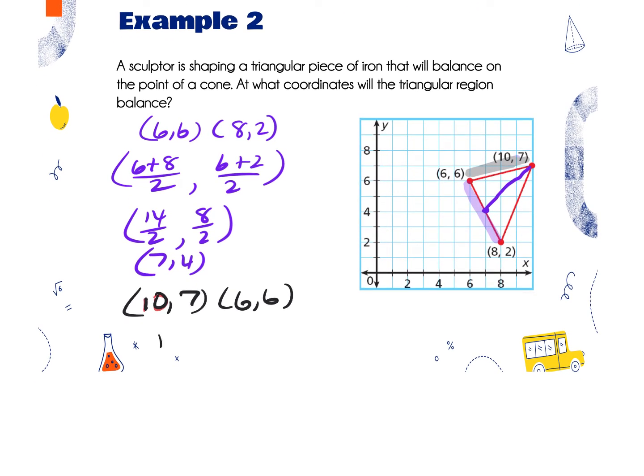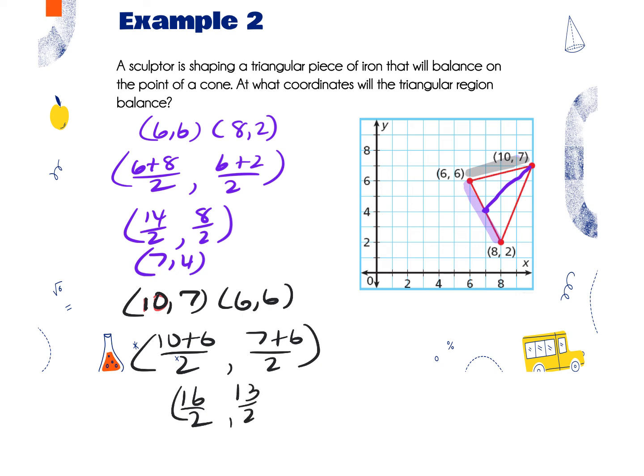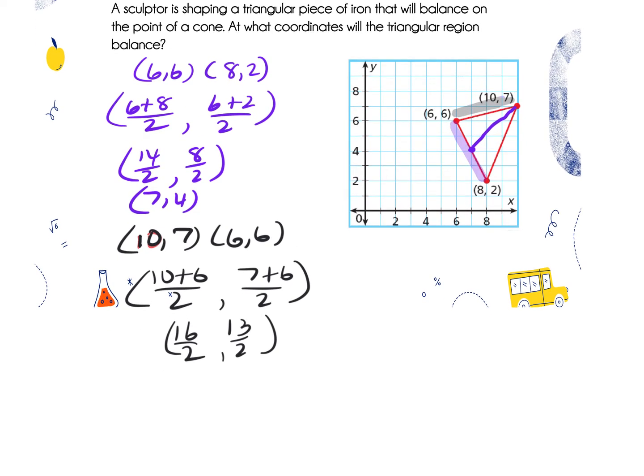I'm going to find the midpoint: add the x's, divide by 2, add the y's, divide by 2, 16/2, 13/2. This will give me the ordered pair 8 and 6.5. So I can go ahead and find that ordered pair right here, and draw the median from the vertex to that midpoint.